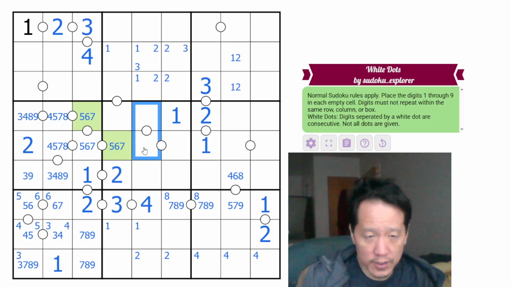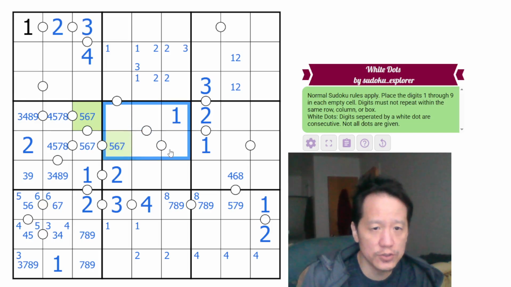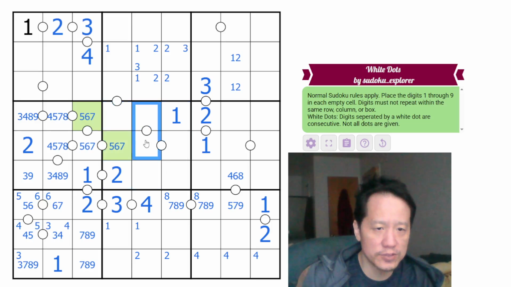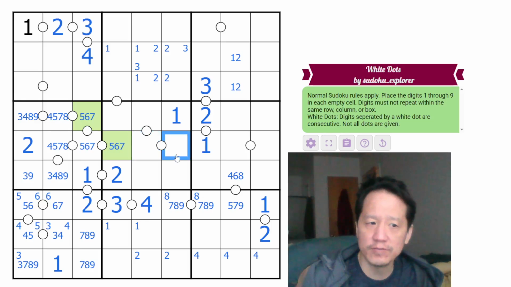4 cannot be either of these cells. And because of that, 3 can only be consecutive with 4 in that box because 2 is no longer available. So 3 cannot be either of those cells. And if 3 were here, that would force us to be 4. So 3 can't be in this cell, right?